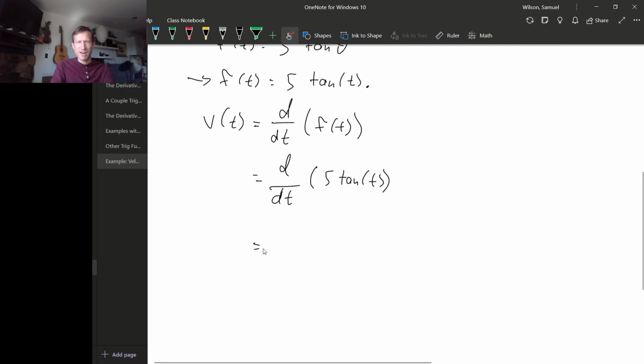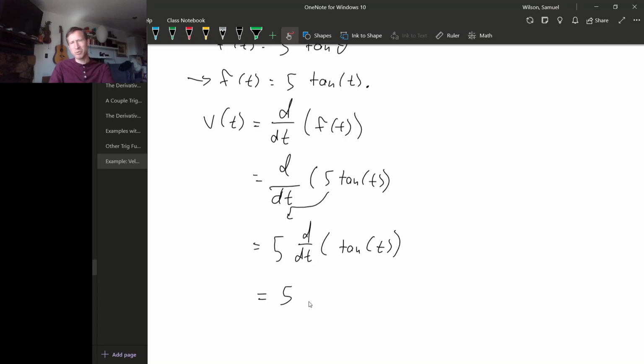We can move the 5 outside of our derivative because it's a constant multiple. So that's the constant multiple rule for derivatives. And now we just need the derivative of tangent. But that's one of the ones we worked out. The derivative of tangent is secant squared.